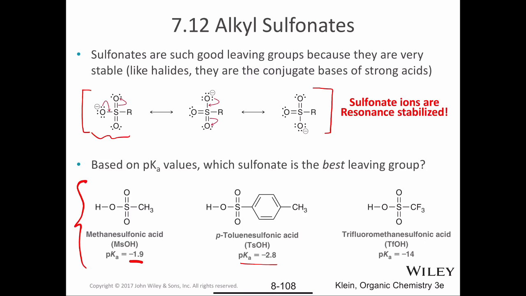And then finally the triflic acid, or trifluoromethane sulfonic acid, so TfOH. Wowie, that's got a pKa of minus 14. So you can imagine that's a really, really strong acid, and therefore triflate is going to be the best of all these in terms of its ability to be a leaving group.